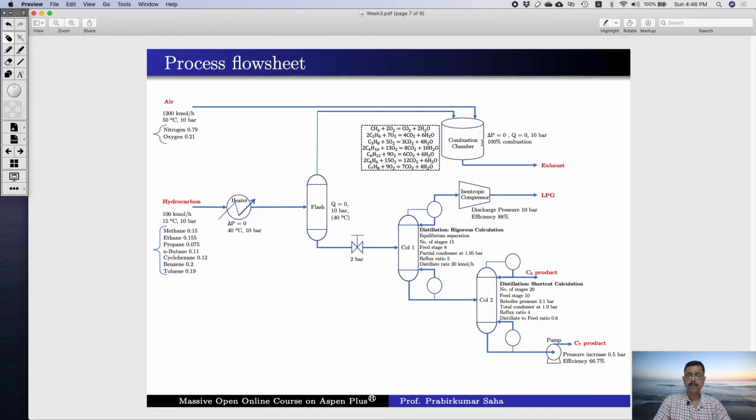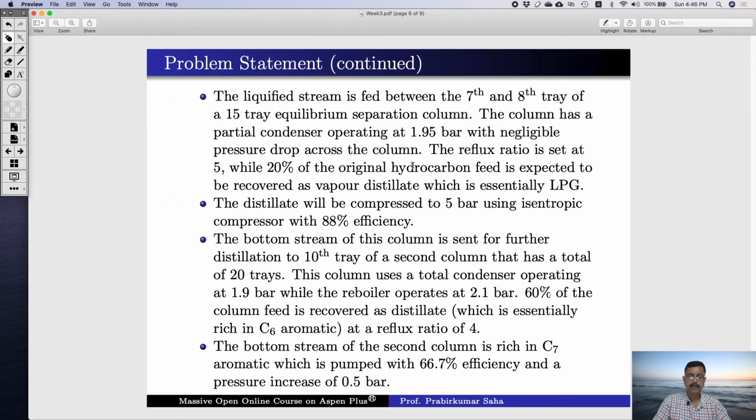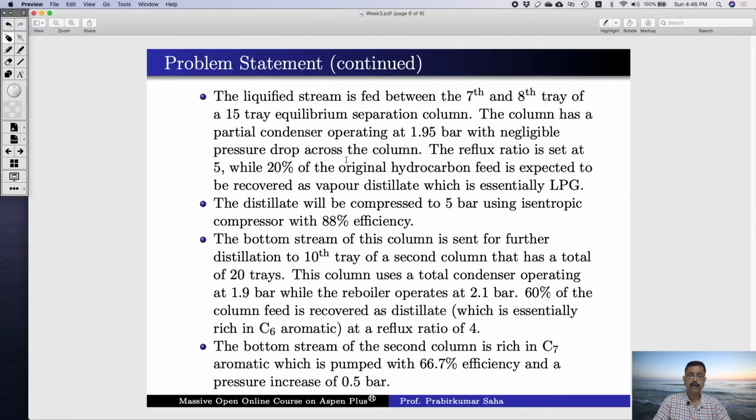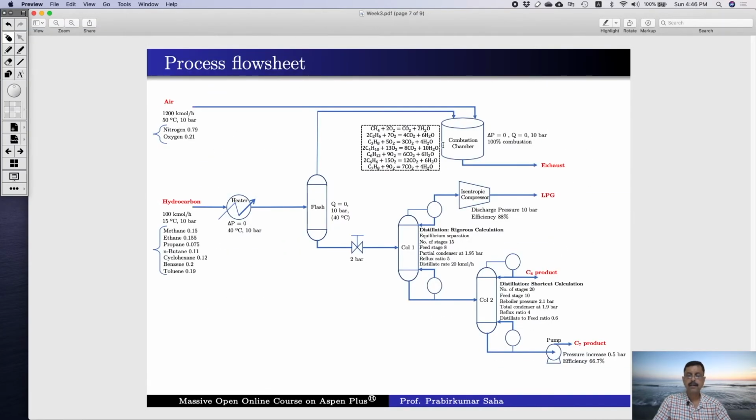So this is basically a reactor, and we know that this combustion chamber will be governed by the reaction stoichiometry. So we will have a reactor model that runs on stoichiometry.